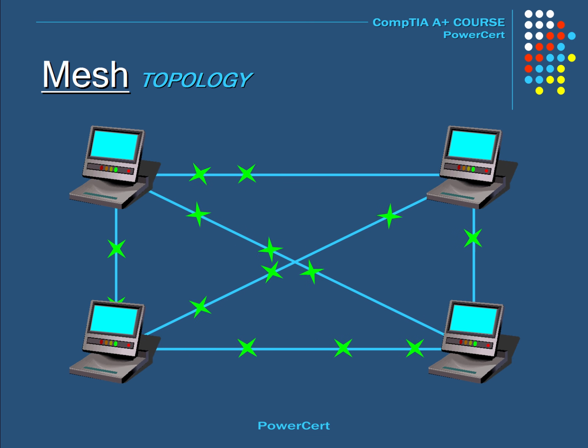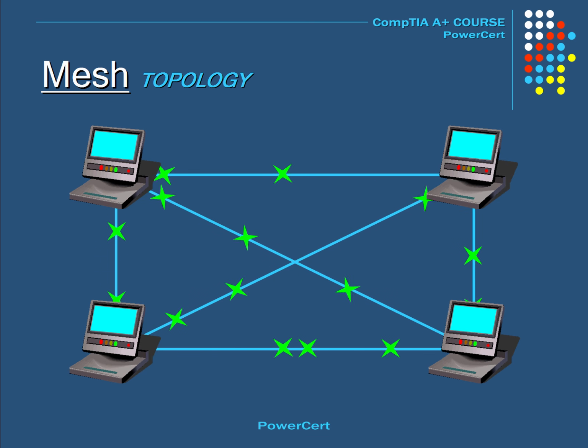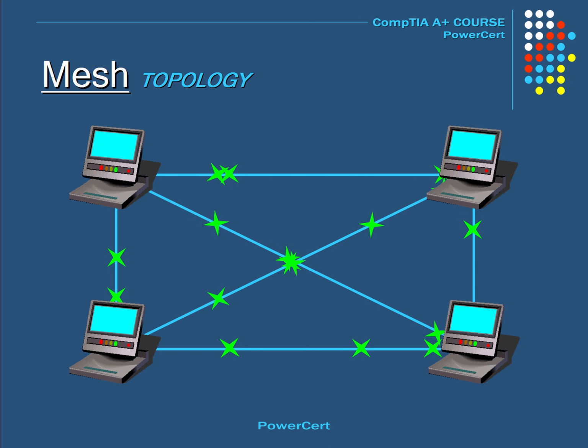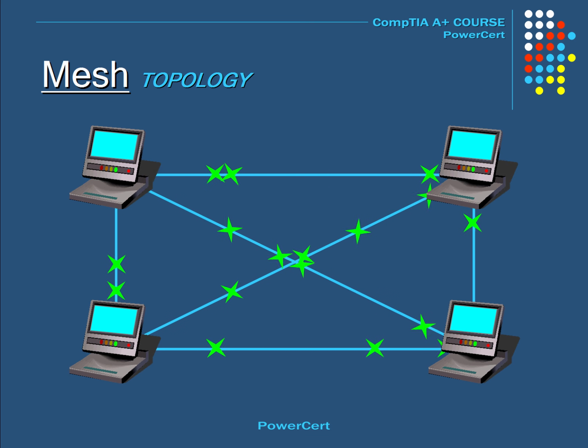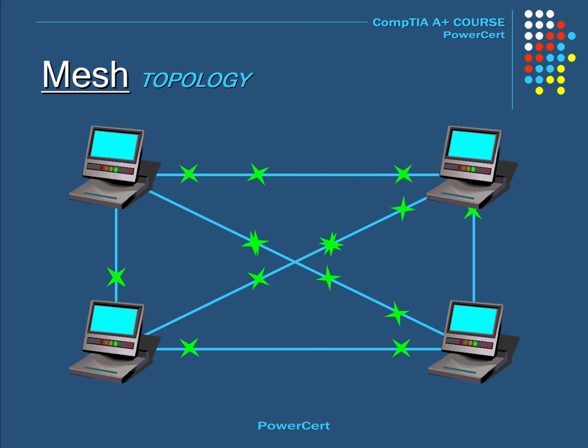But because of the amount of cabling and network cards that have to be used, mesh topologies can be expensive, so they are rarely used on local area networks or LANs. They are mainly used on wide area networks, like the Internet. In fact, the Internet is a perfect example of a mesh topology.